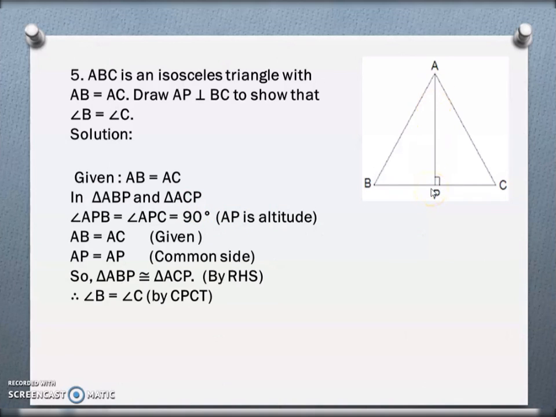AP is the altitude, also AP is the common side. So we can use the RHS congruency condition here, that is right angle, hypotenuse AB and AC, and one of the sides AP are equal. So by RHS, the two triangles are congruent, and by CPCT, we can say that angle B and angle C are equal.